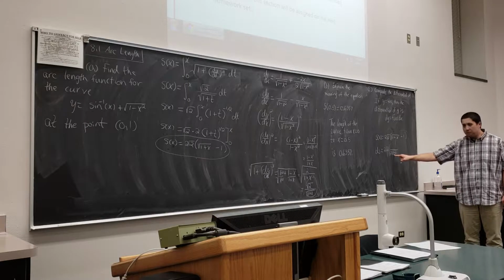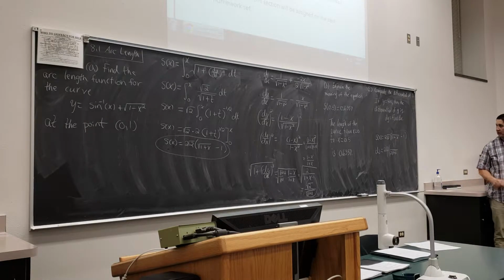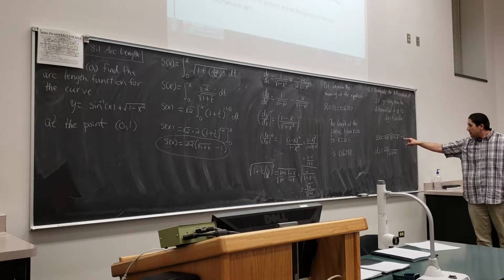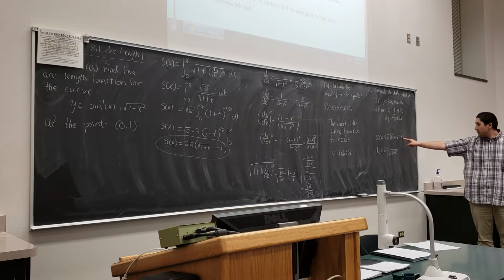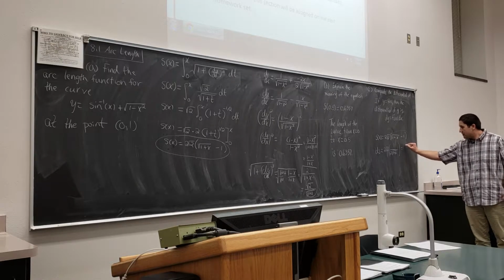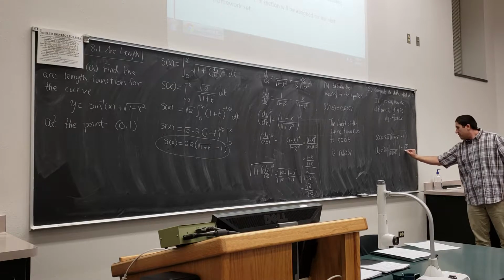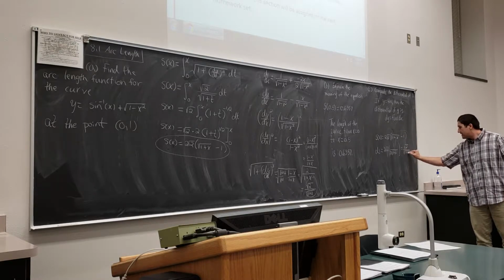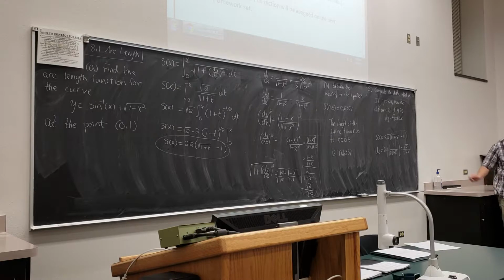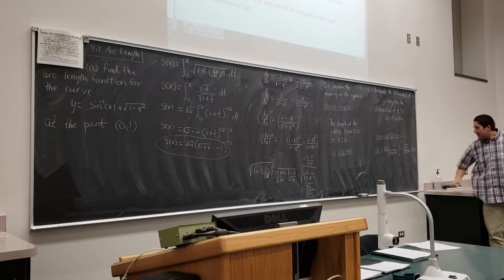We'll multiply the numerator by the derivative of 1 plus x, but that's just a 1 this time by chain rule. Then we'll subtract the derivative of negative 1, and we get a 0 there. So the result is root 2 divided by the root of 1 plus x. So that's our differential. Oh, and don't forget, differential needs a dx.